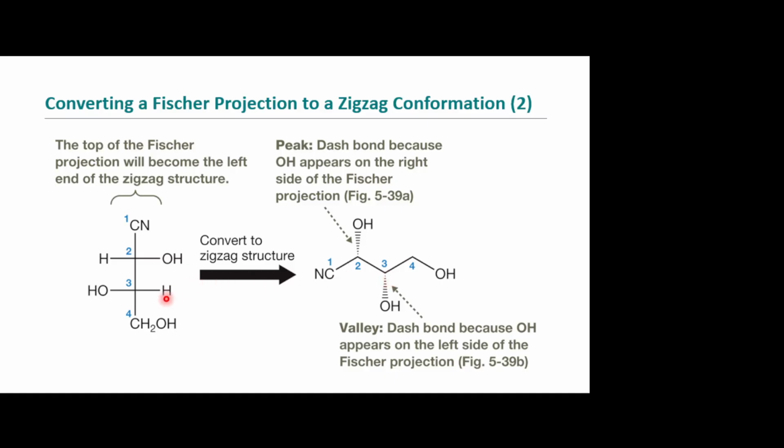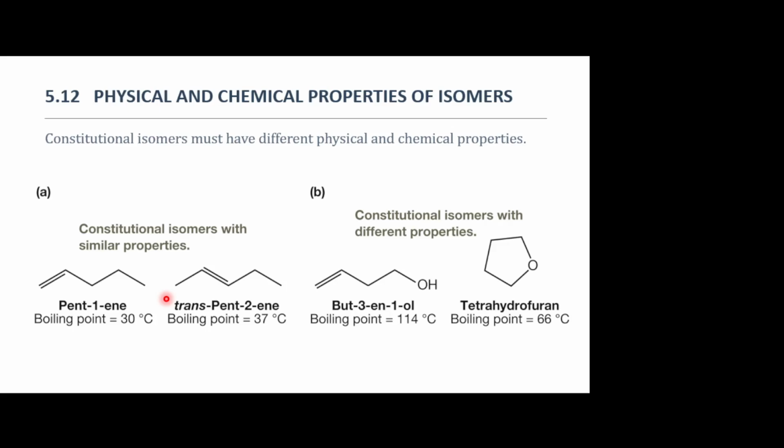If it was on the right side, it would have been a wedge coming down towards us, right? Notice you really just need to get one of these memorized. As long as you can figure out one of them and be confident in it, everything else is reversed, right? So just make sure you have one set of this where you really understand, and then you can work your way back.